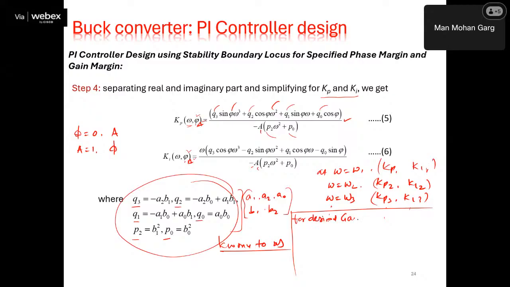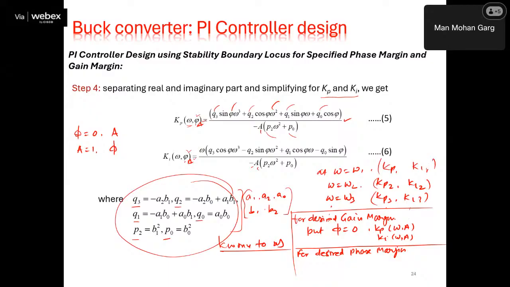At that time we will get Kp, which is a function of omega, A only, and Ki, which is a function of omega comma A. When we need the desired phase margin, at that time we put A equal to 1, right? A equal to 1, and it will give Kp in terms of omega, phi, and Ki in terms of omega, phi.